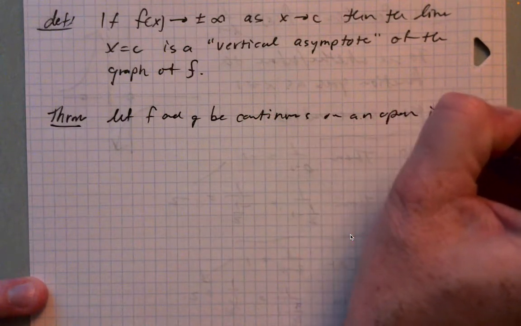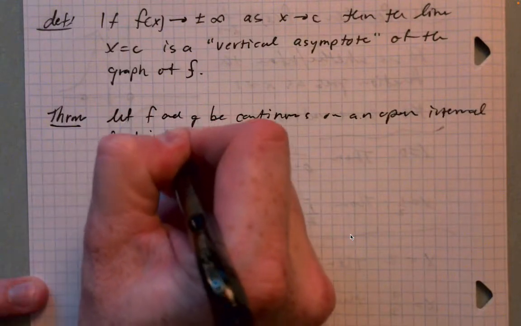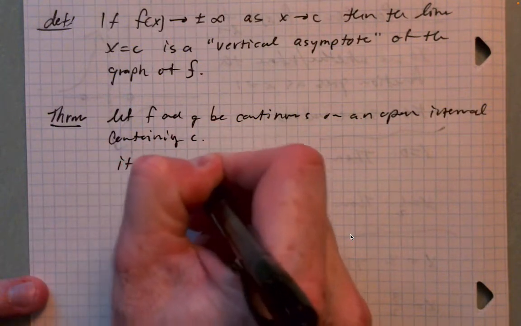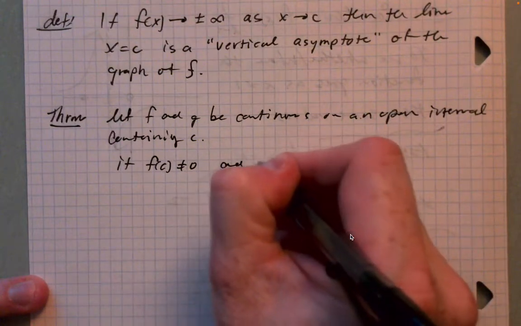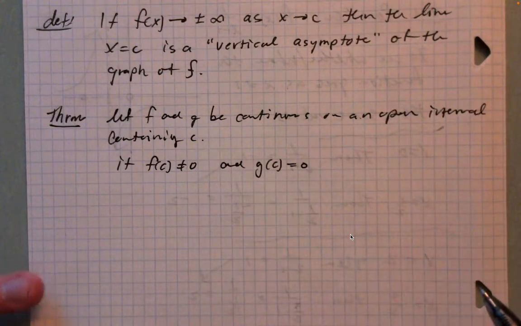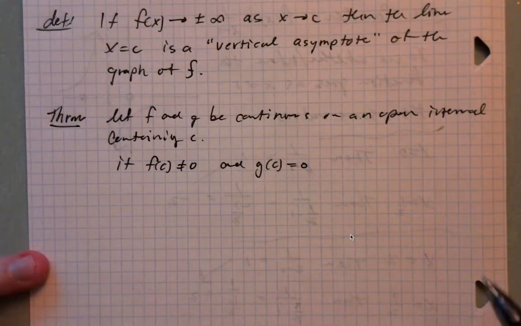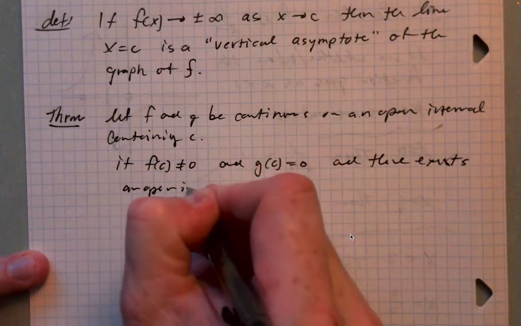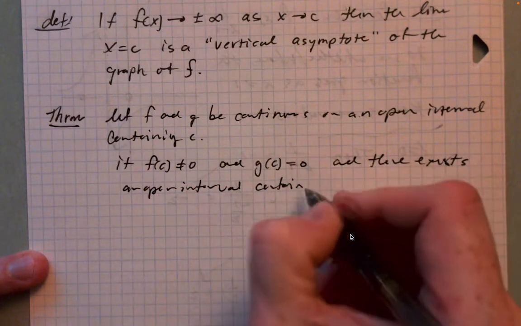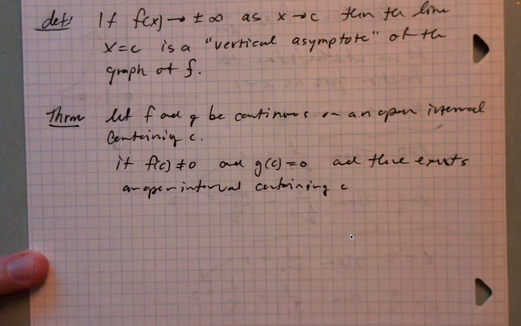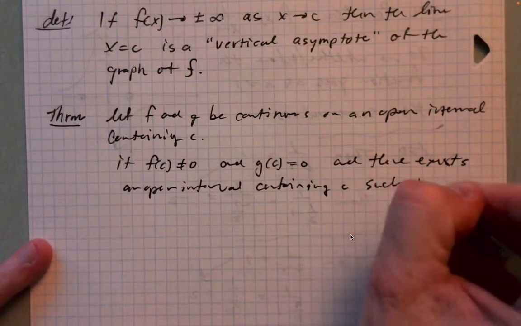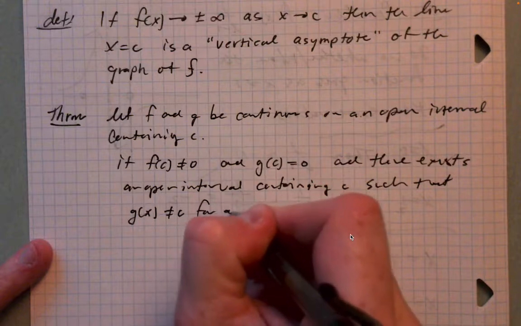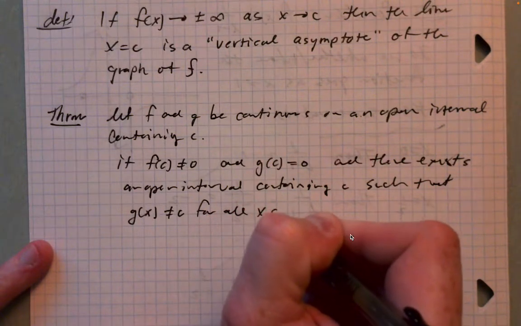On an open interval containing c. Okay. Now, if f of c is non-zero, and g of c is 0, and there exists an open interval containing c such that g of x is not equal to c for all x not equal to c, sorry.